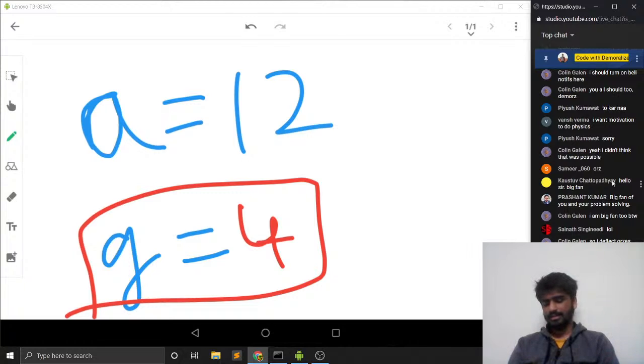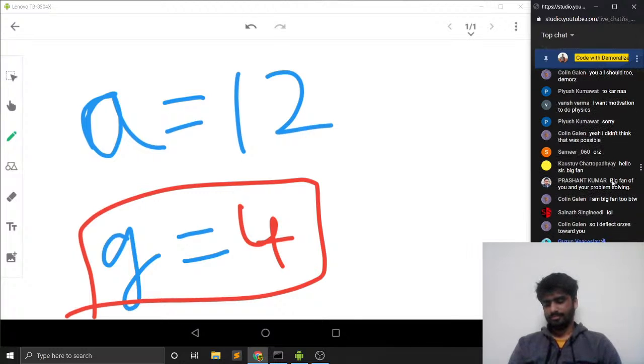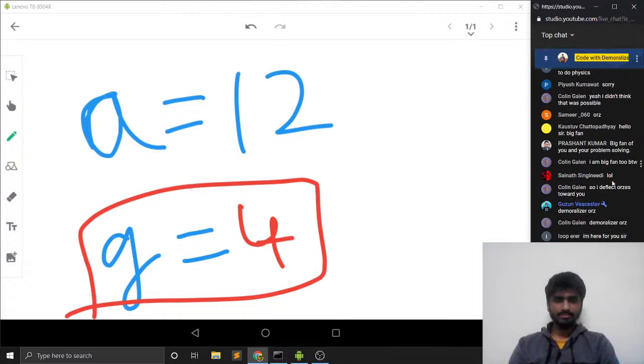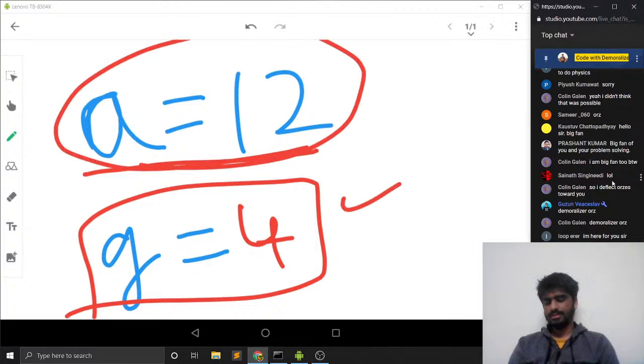Okay, I think this is not tough. This is just equal to the number of ways to get GCD equal to 4 without this 12.